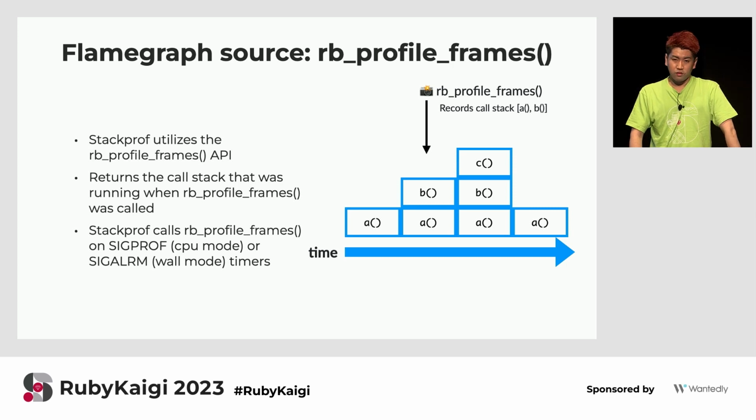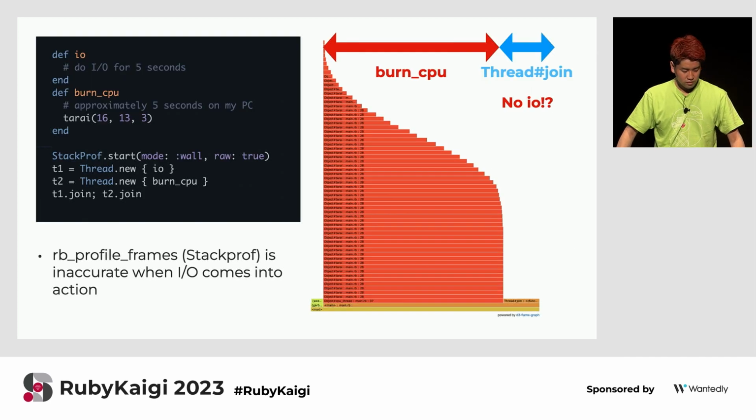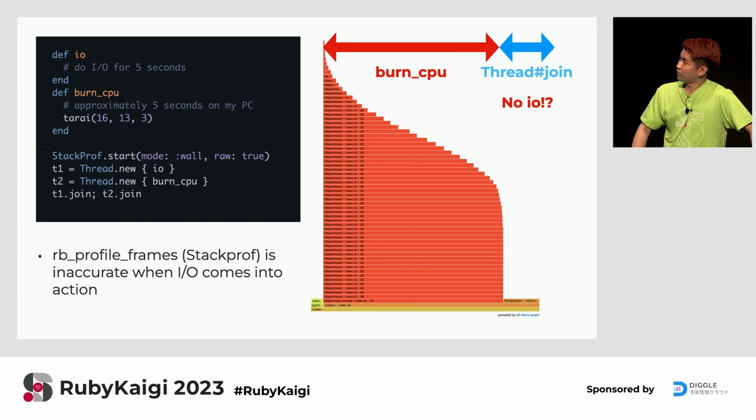But this isn't actually always accurate when multithreading kicks in. I found out, so I prepared some sample code. There is a method that does I/O, it's just comments, but it was actually a kind of long code. This I/O method does I/O for 5 seconds.